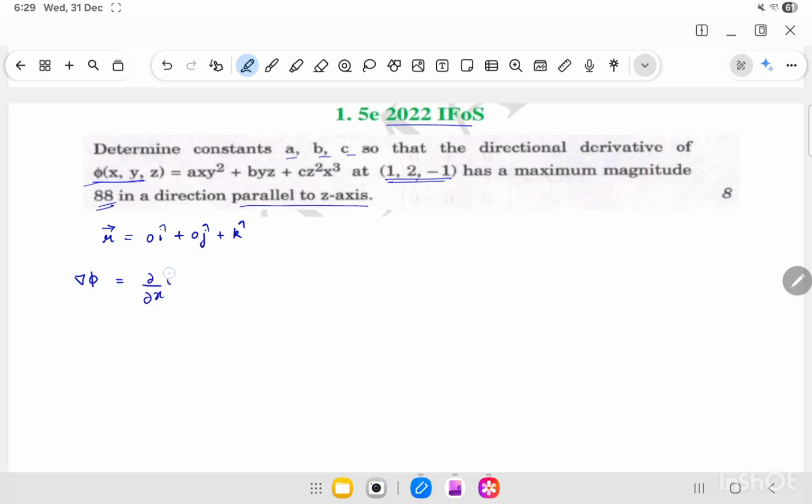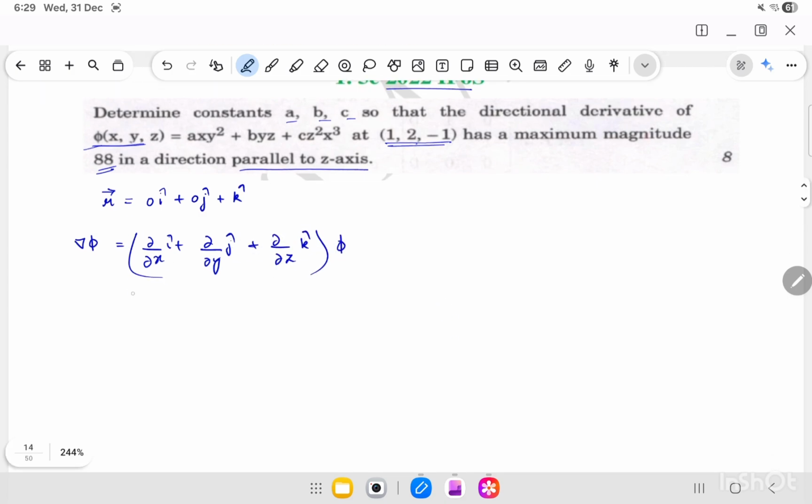del by del x i cap plus del by del y j cap plus del by del z k cap of phi. If I evaluate it, it will be equal to del phi by del x i cap plus del phi by del y j cap plus del phi by del z k cap.